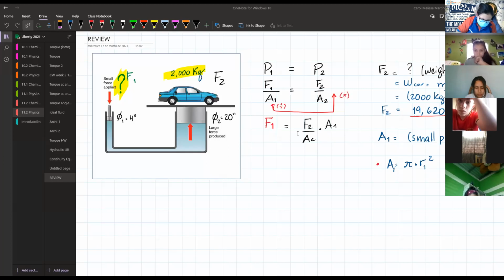Now let's work with the diameter. Diameter 1 is equal to 4 inches. So I'm going to write it, and I'm going to do the conversion factor.